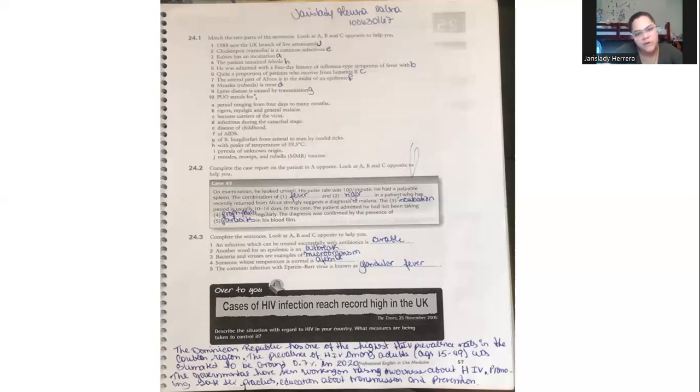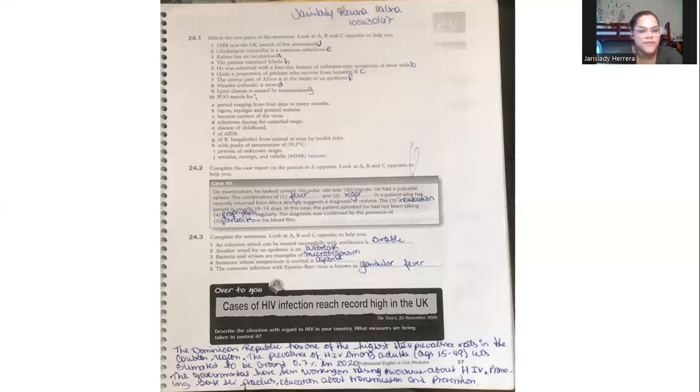Point 2. Complete the case report of the patient in A opposite. On examination, he looked unwell. His pulse rate was 100 per minute. He had a palpable spleen. The combination of fever and rigor in a patient who has recently returned from Africa strongly suggests a diagnosis of malaria.